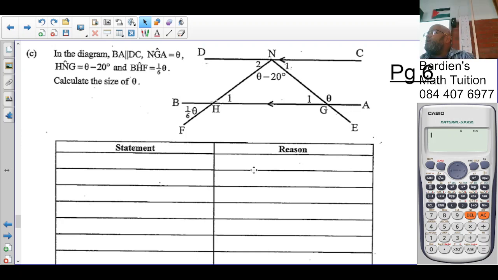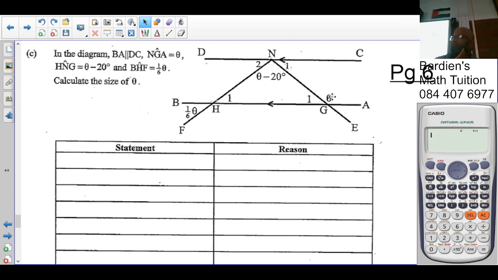So in the diagram you are told that BA is parallel to DC. H1 is 1/6 theta. Y is vertically opposite. Then we are told that this angle here is theta.